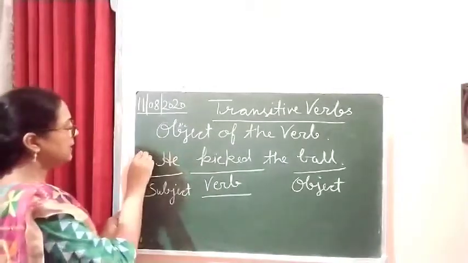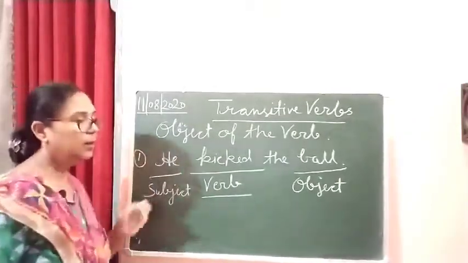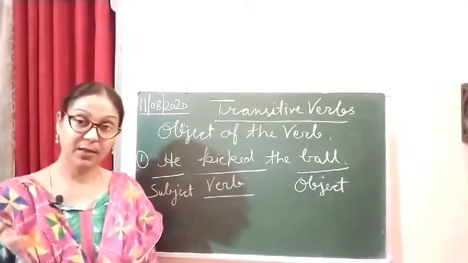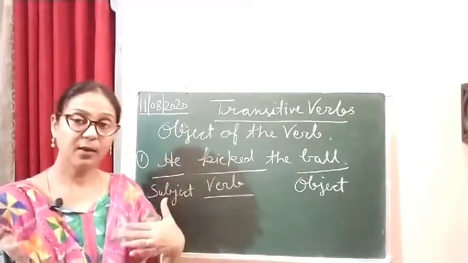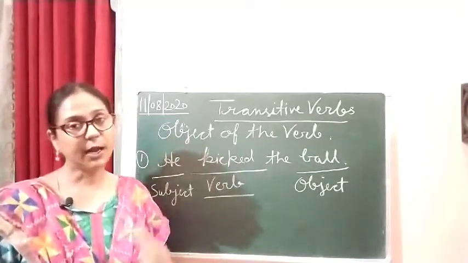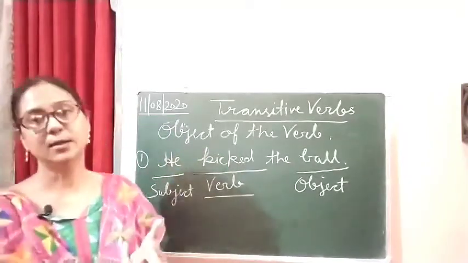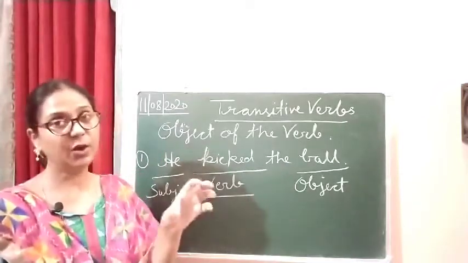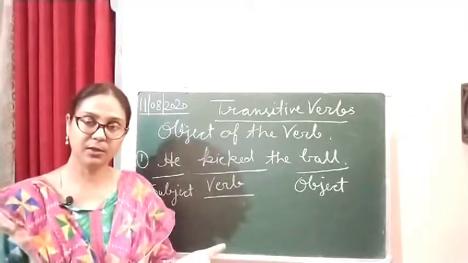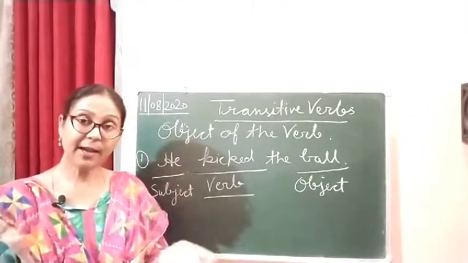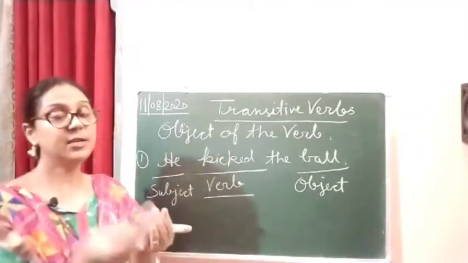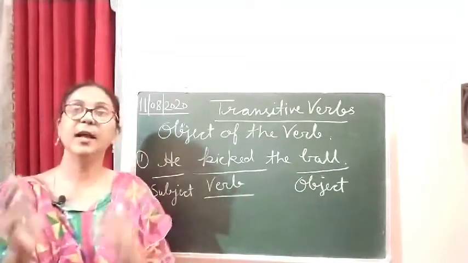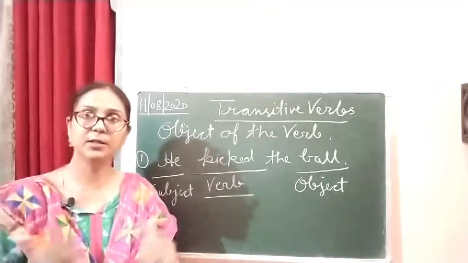Now, sometimes a sentence has two objects. That is called direct object and indirect object. You can say the object has two parts. First is the direct object, on which the action is going on directly. That is called direct object. And the indirect object comes later, and it is not as important as the direct object, but the object is there.